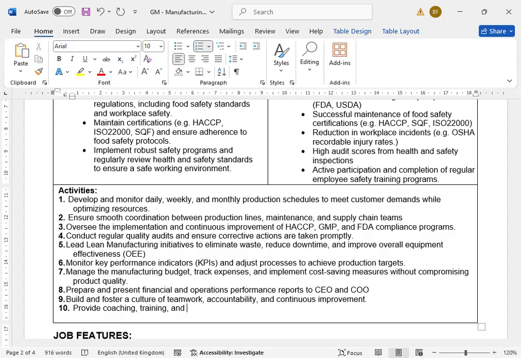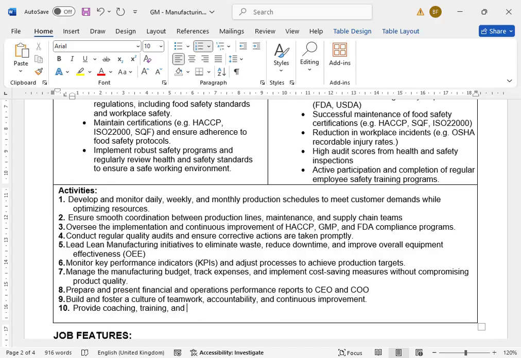That's why you need to provide training. You need to do some training needs assessment, then provide the training program as necessary. Then upon completion of the programs, you have to assess them.